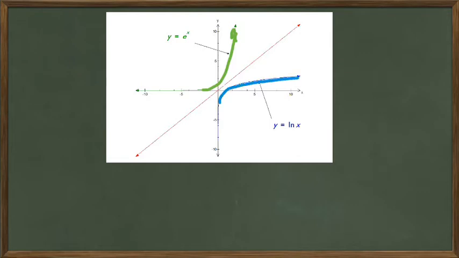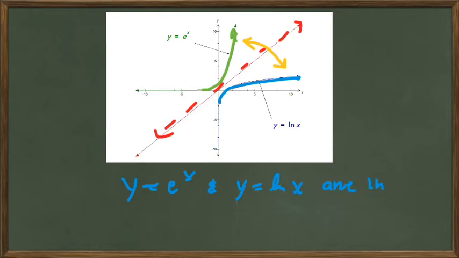And this right here is y equals x, and it's clear, isn't it, that these two functions, y equals e to the x and y equals ln of x, are reflections of each other about y equals x, and so the conclusion of that is that y equals e to the x and y equals ln x are inverses of each other.